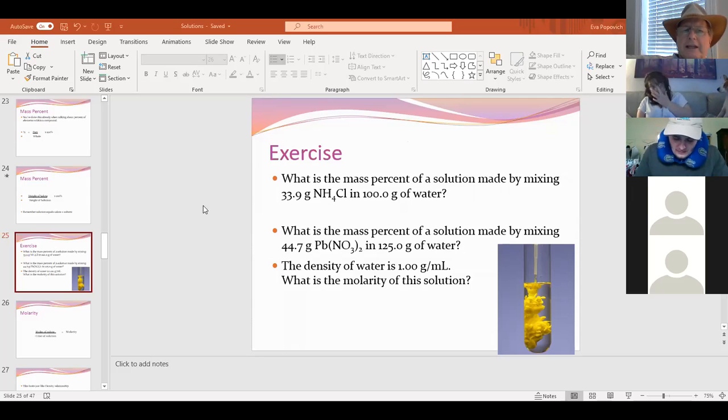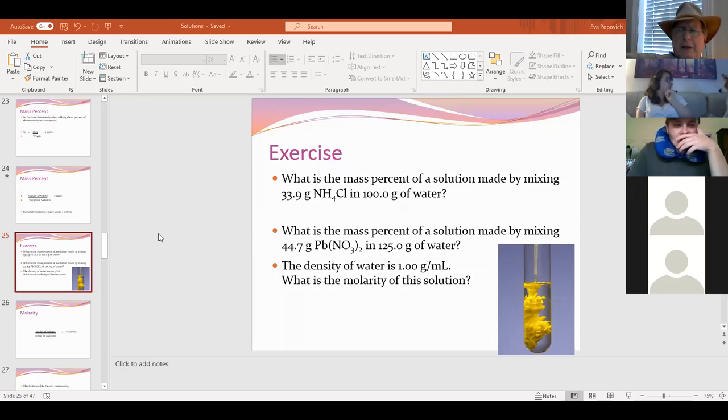Okay, guys, I'm not going to get too much more into the mass percents because we did a better part of two days dealing with this. All you got to remember is it works the same way in solutions as it did when we were dealing with masses.